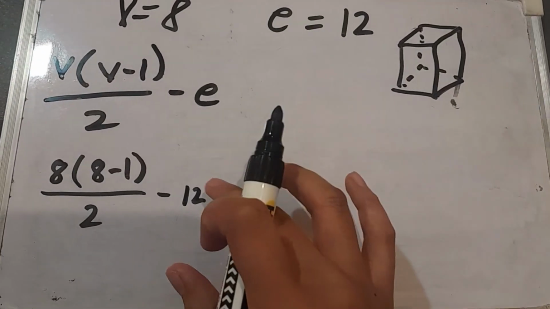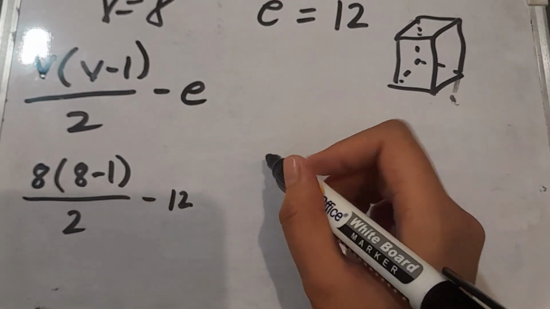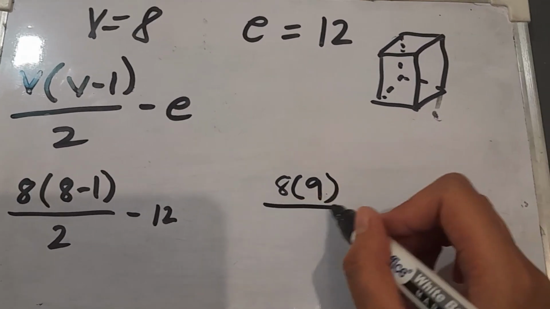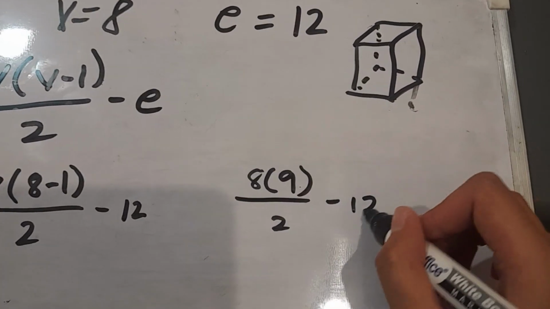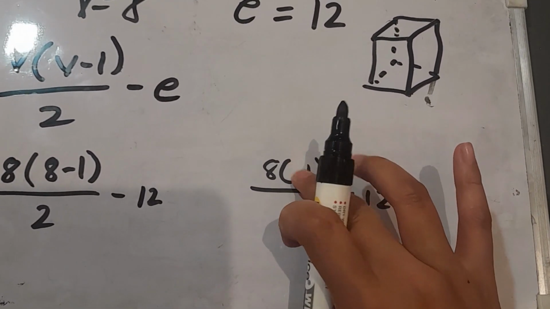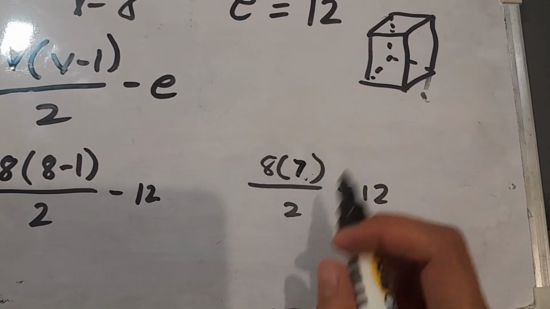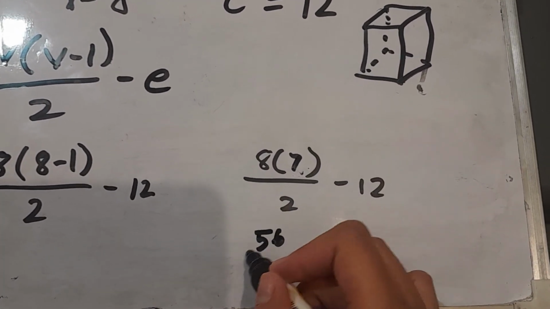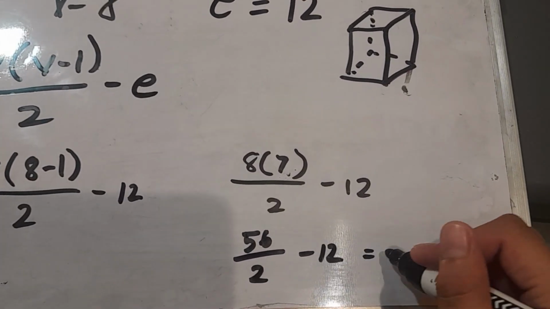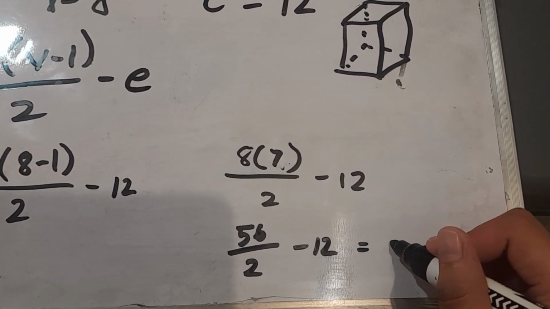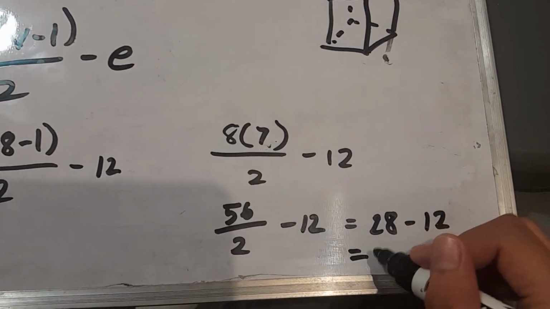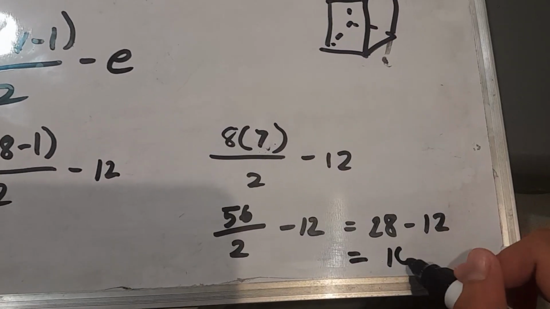So we solve this: 8 times 7, which is 56, divided by 2, minus 12, is equal to 28 minus 12, and the answer is 16.